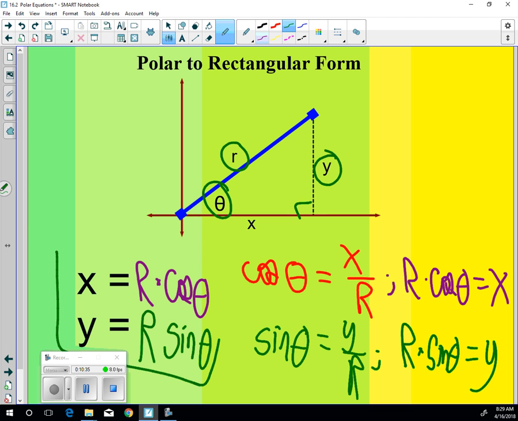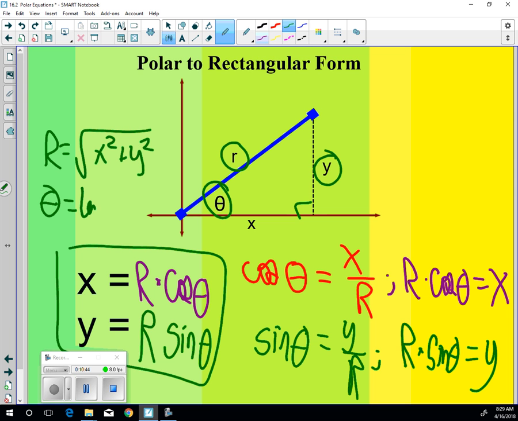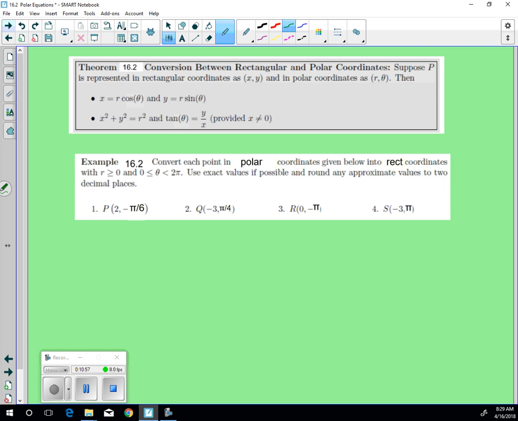The only formulas you need to know for this chapter are this one, and those two. And we're going to be converting back and forth between these, and this is where it gets good. That's where it gets interesting.